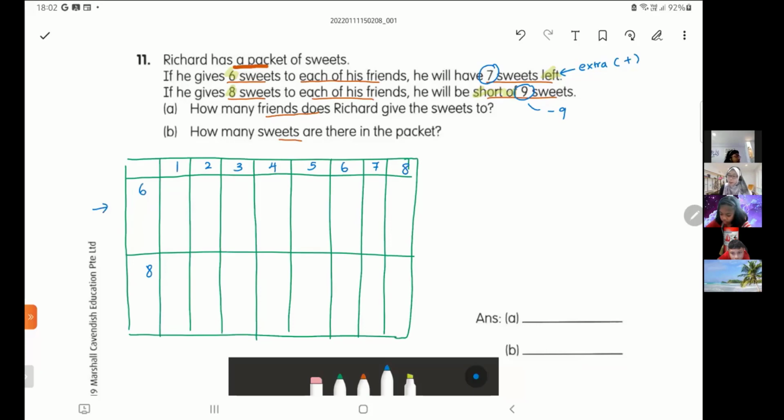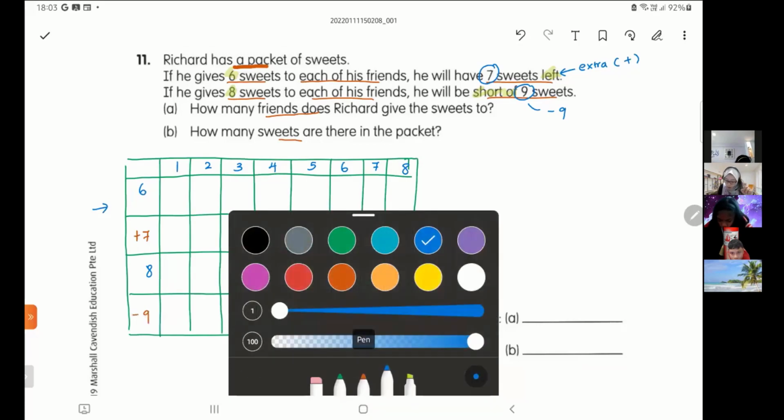Like this. Then I'm going to further cut the times table 6 and times table 8. Why? Because for the 6, I need to put plus 7, remember the extra 7? And for times table 8, I must minus 9. So this is how I do. You do not copy. You look at how I do this.